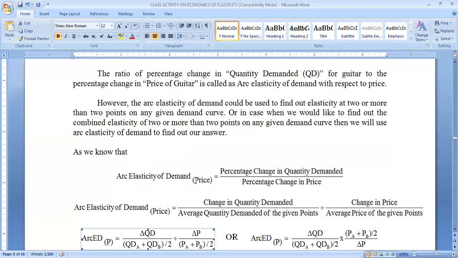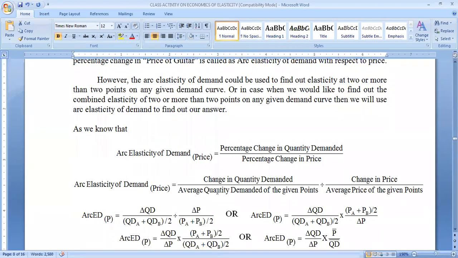Furthermore, the percentage change in quantity demanded can be written as change in quantity demanded divided by, earlier we used to write quantity demanded over here, but now in case of arc elasticity of demand, instead of quantity demanded, this QD will be replaced with the average quantity demanded of the given points.